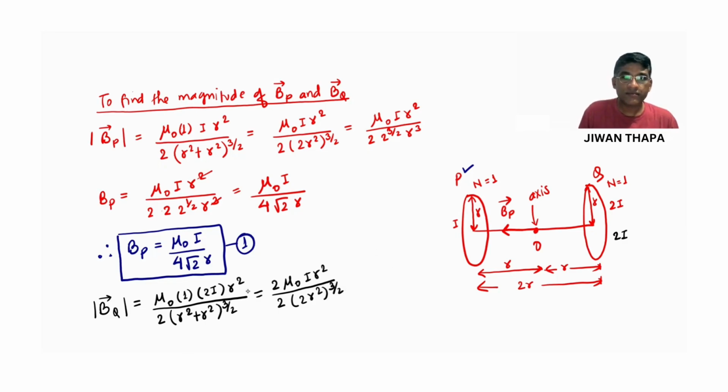So we have this. Now, I'm writing in this way, okay, twice mu naught.